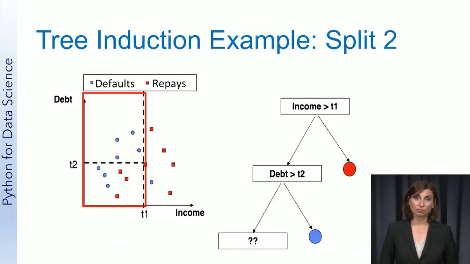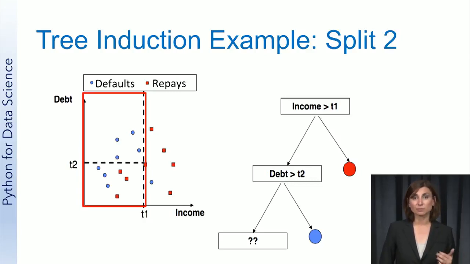The decision tree boundary is represented in the decision tree by the condition income is greater than T1 at the root node. This is the condition used to split the original dataset. Samples with income greater than the threshold value of T1 are placed in the right subset, and samples with income less than or equal to T1 are placed in the left subset, just as shown in the left diagram.